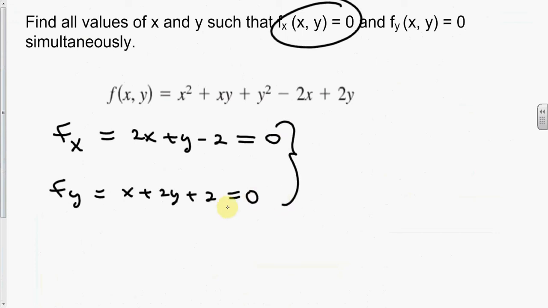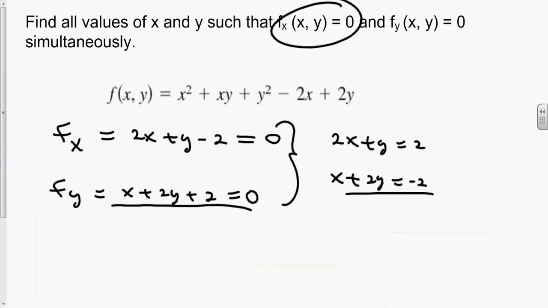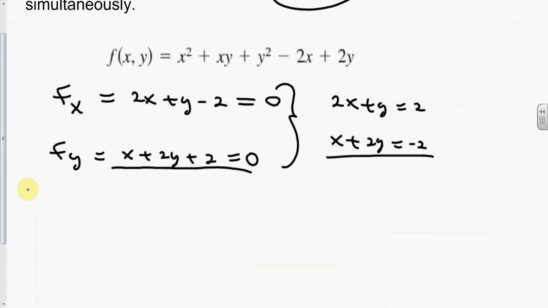Now if you look at the system that you have, this is a linear system. This is 2x plus y is equal to 2. And this is x plus 2y is equal to negative 2. You just solve that system. So if I take the first equation and solve for y, I get y is equal to 2 minus 2x. I plug that into the second equation for y.